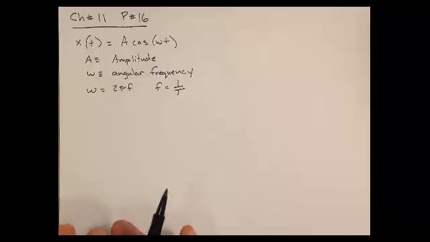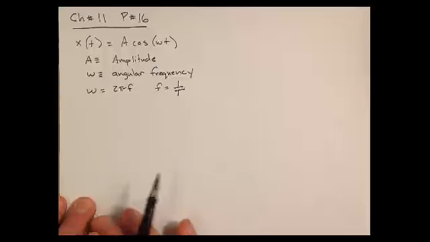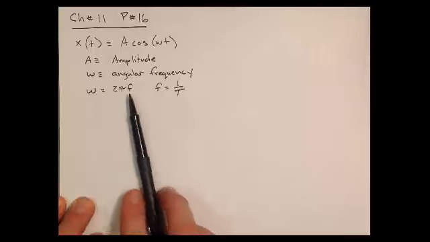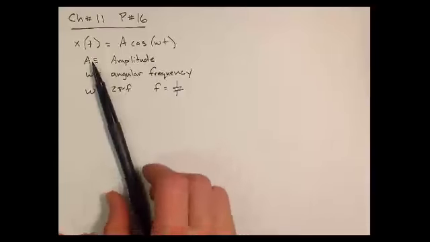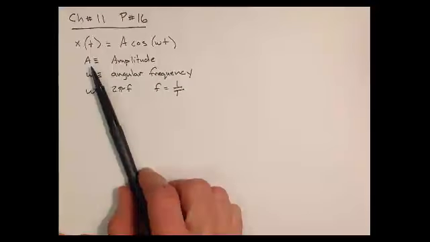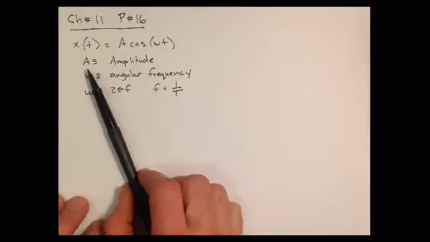Before we jump into this problem with both feet, let's talk a little bit about simple harmonic motion in general. All simple harmonic motion is basically motion that follows a sine or a cosine function.